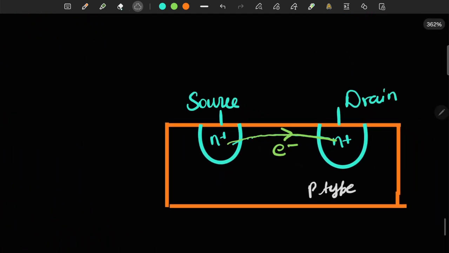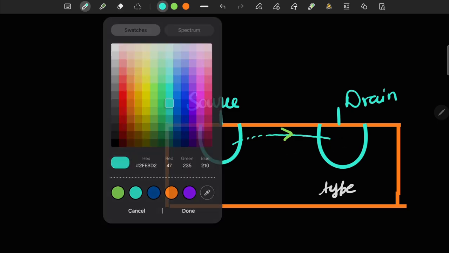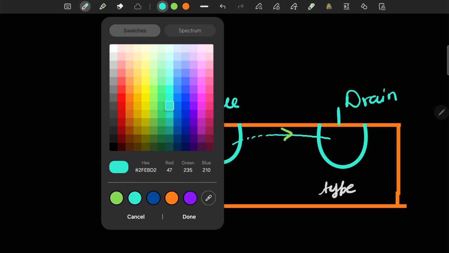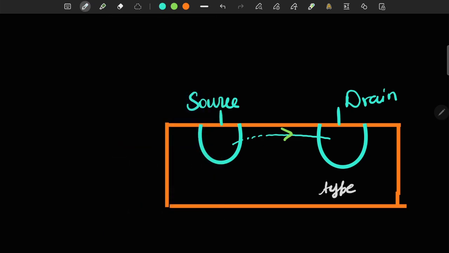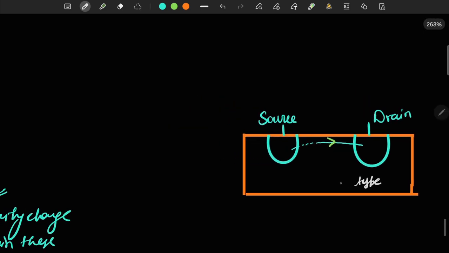So for PMOS, we know that what would be my substrate and what would be my drain, sorry, n well or p well. So this would be my n type and this would be my p plus.